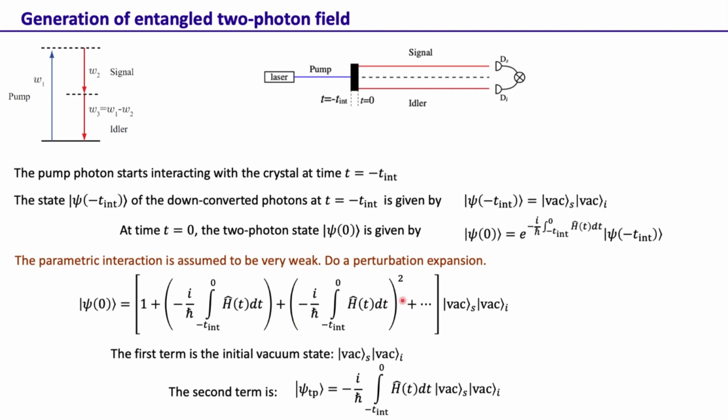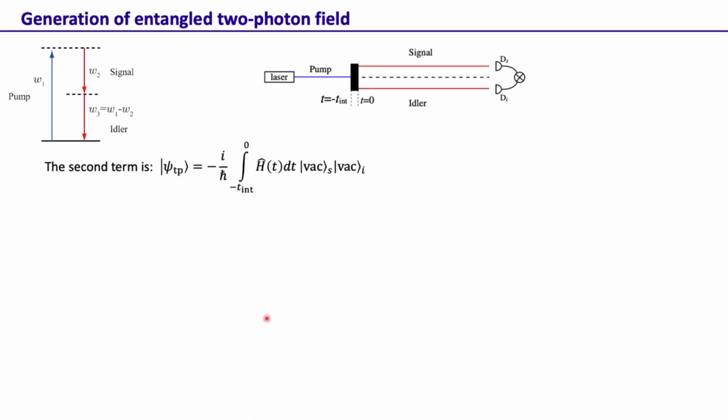Similarly, this third term, which has a square here, will give rise to 4-photon states. But for now we are not interested in 4-photon effects, we are only interested in 2-photon effects. So we will just stop at this term in the perturbative expansion. So this is the 2-photon state, and this is the expression that we have for it.